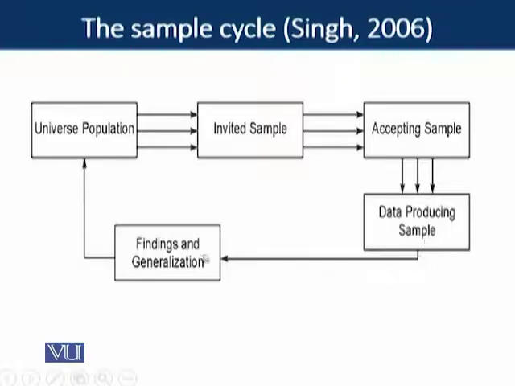Okay, and then when you are generalizing and interpreting whatever is coming up to you as data, that is generalizable to the whole population, to the whole universe. So this is called the sample cycle, and this sample cycle is basically required to make sure that whatever stage you are working on is the true representative of the preceding stage and step. So that's a basic requirement for having a reliable sample.